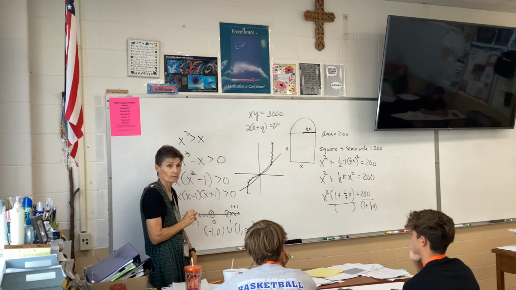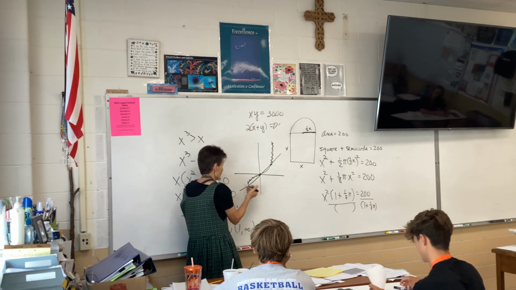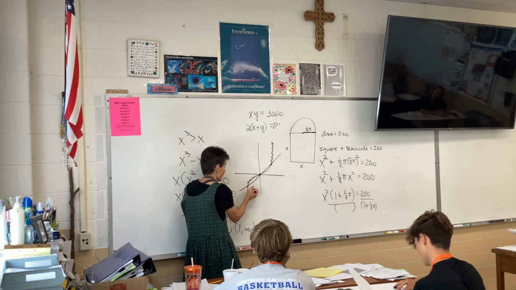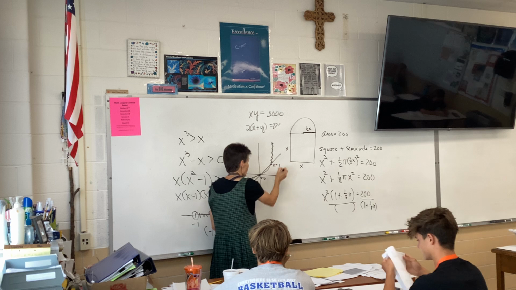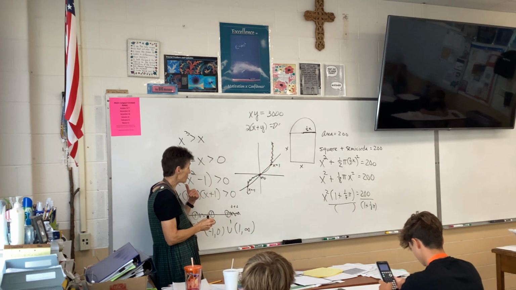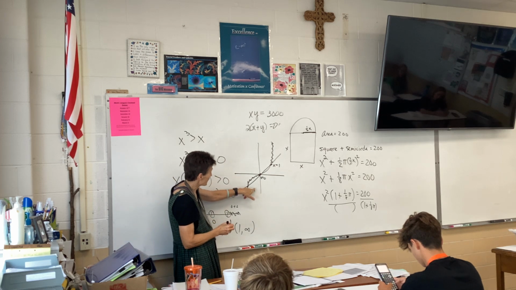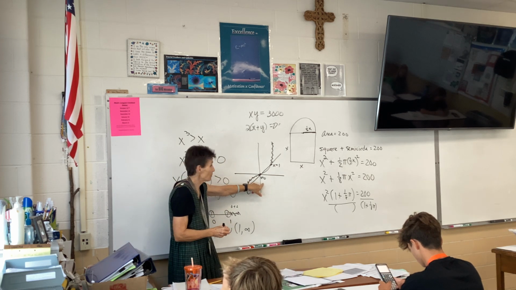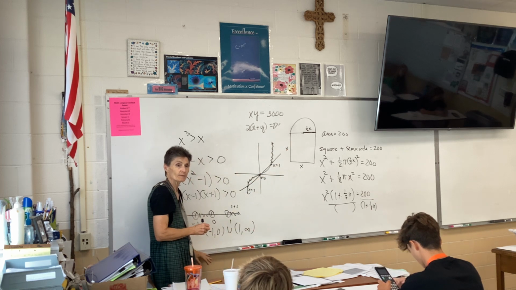Now, the calculator will tell you this point has an x value of -1. Obviously, this is 0. Those are your points of intersection. So where is the squiggle higher than the line? Between -1 and 0, and after 1, which is exactly what we got.